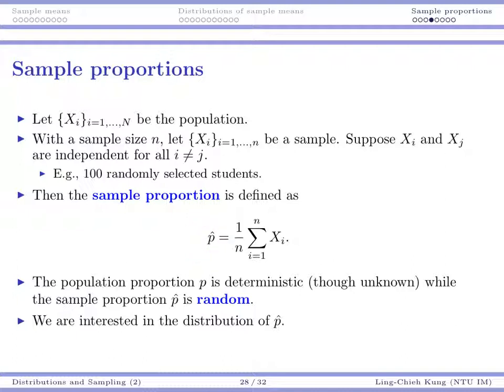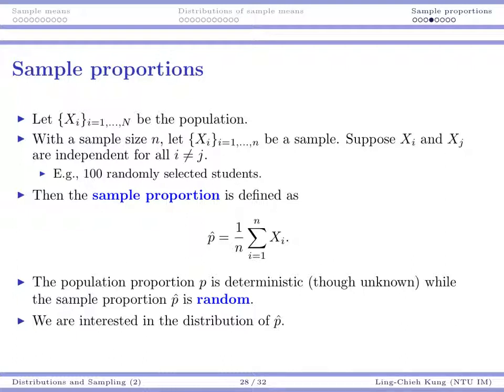P hat. The population proportion P is a fixed number, although we do not know it, but it's a fixed number. On the other hand, the sample proportion P hat is random, right? Just like sample mean, P hat is also random because you don't know how many boys you will get in the next random sample.